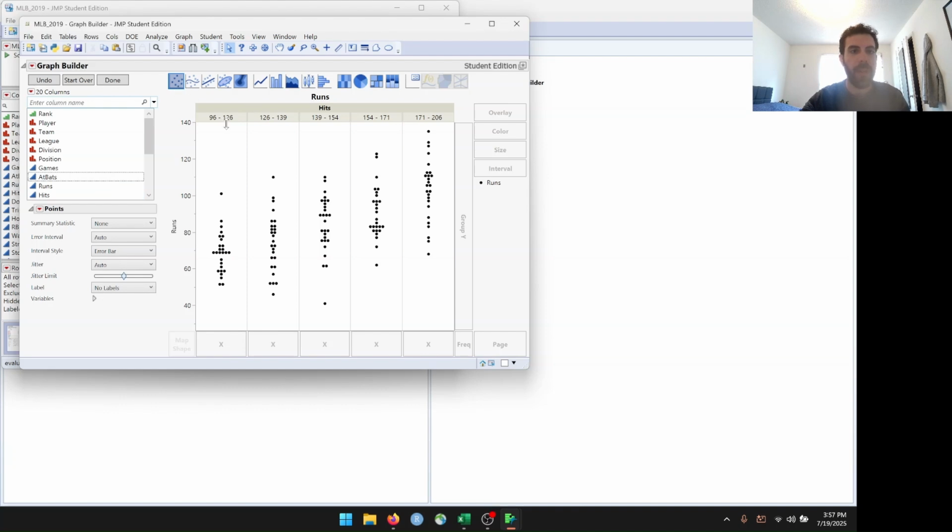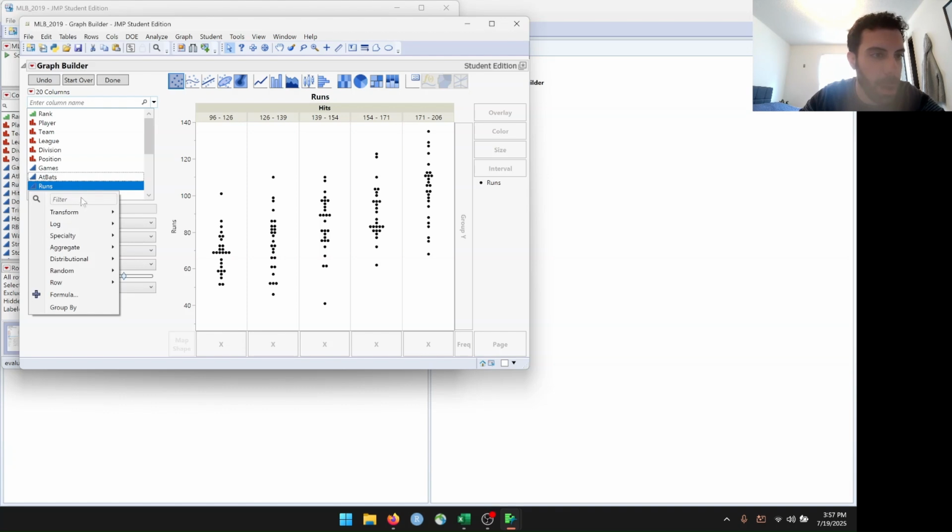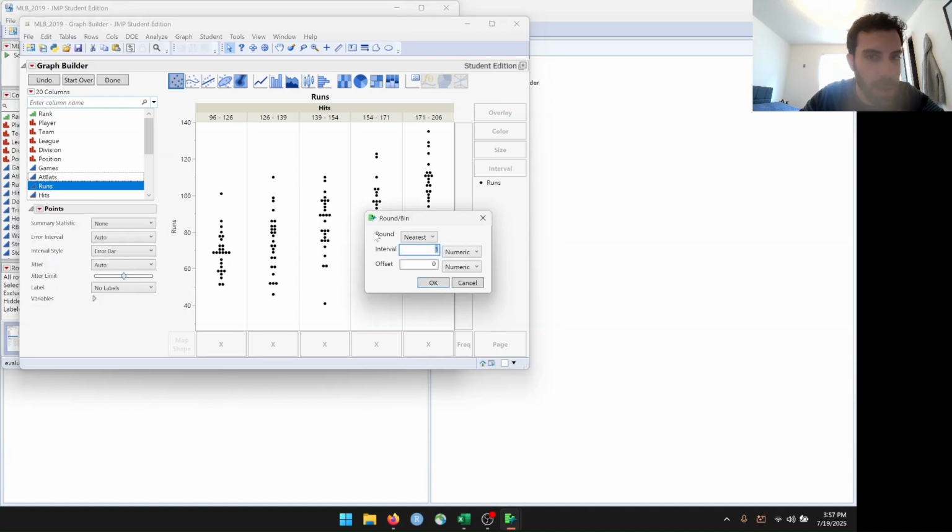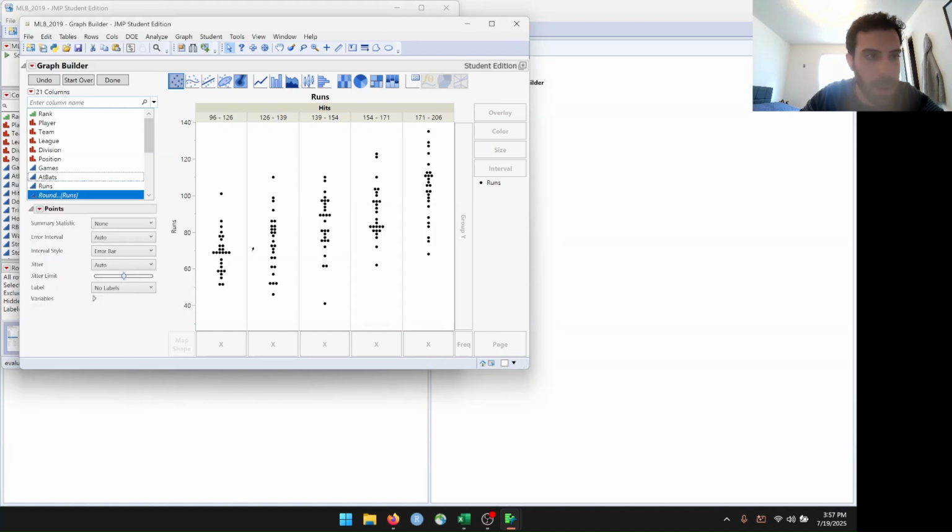So you have to force it to behave as a quantitative variable, and we're going to do that by saying, actually, this didn't happen to me last time, so let's see how we can flip this around real quick. Transform. Let's see if rounding it works. Yeah, let's see. No, that didn't seem to work.